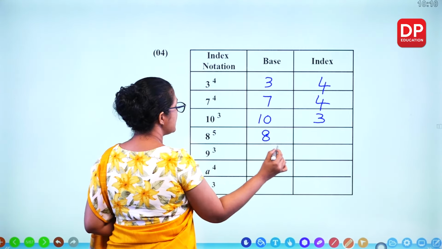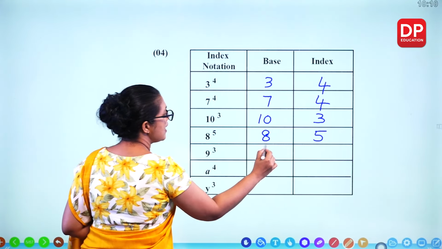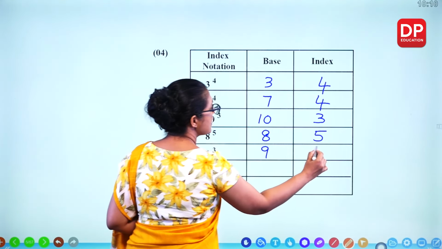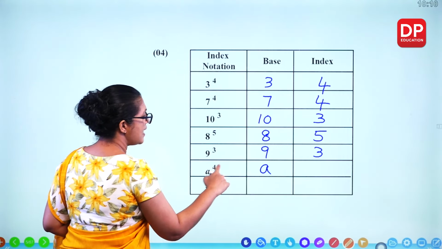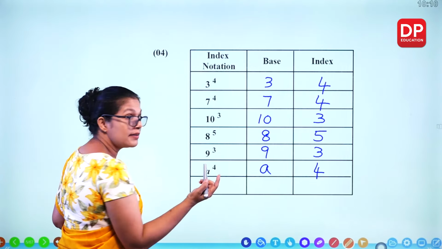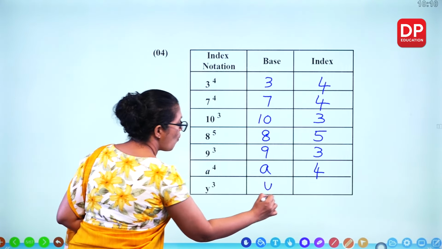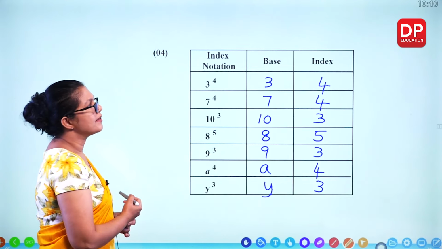Base is 8, index is 5. And here base is 9, index is 3. Here base is A, index is 4. And here, what's the base? Y is the base and the index is 3.